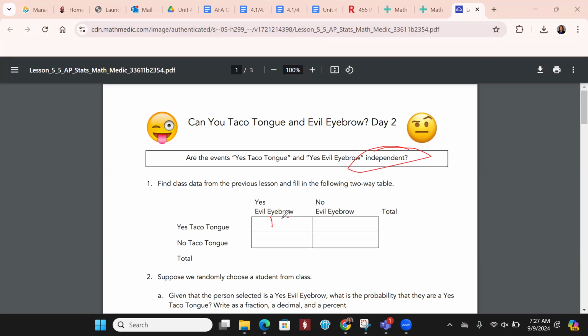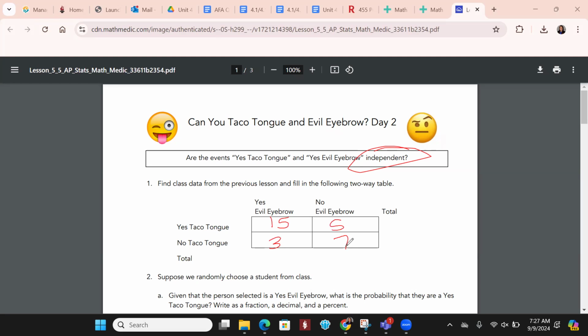We're going to put 15 that can do both yes taco tongue and yes evil eyebrow, 5 can taco tongue but no evil eyebrow, 3 can yes evil eyebrow, no taco tongue, and 7 can no evil eyebrow and no taco tongue.